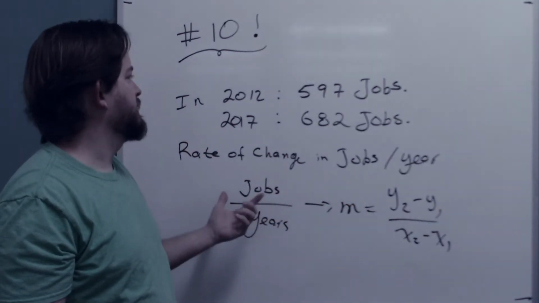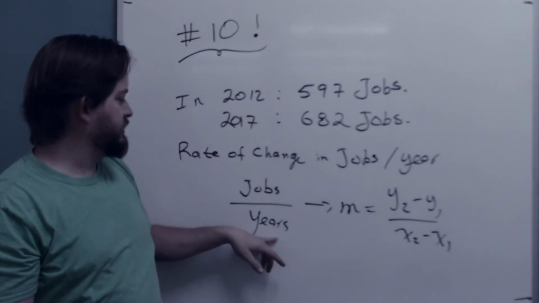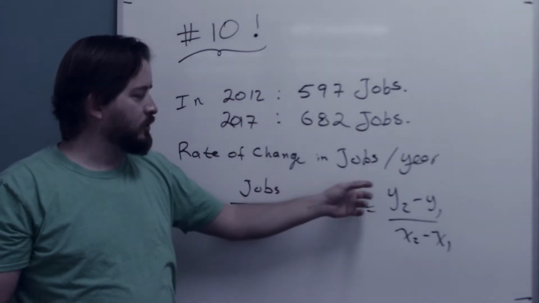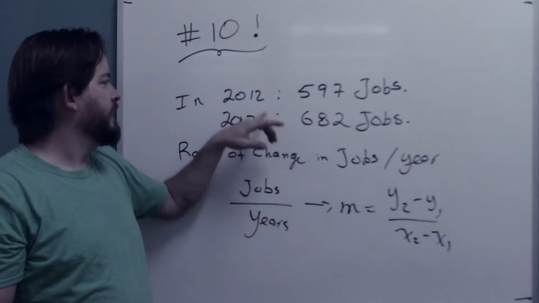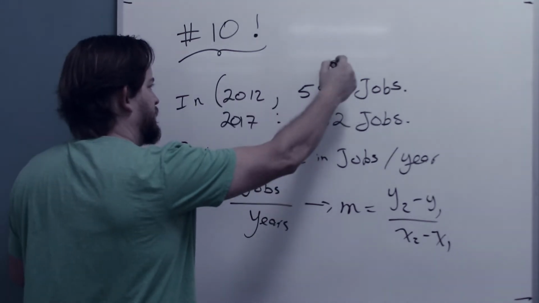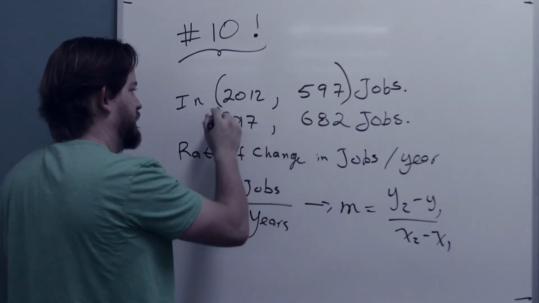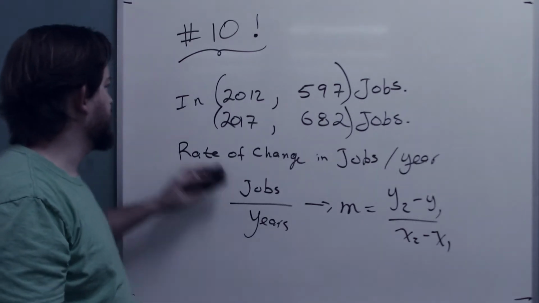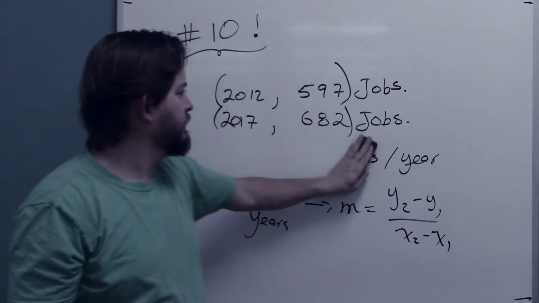But we have points. Since years are in the denominator, they're like your x points. Jobs end up in the numerator, so they're your y points. And so I have those 2 points.